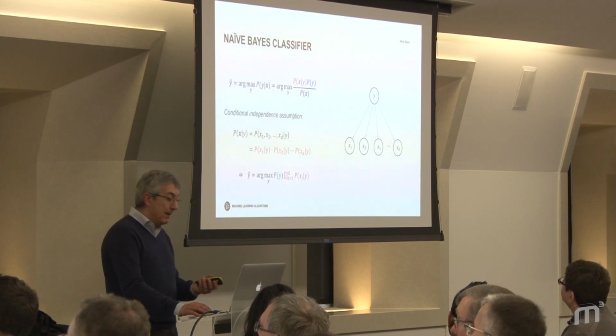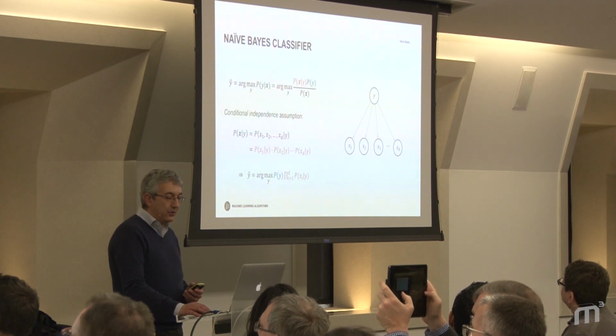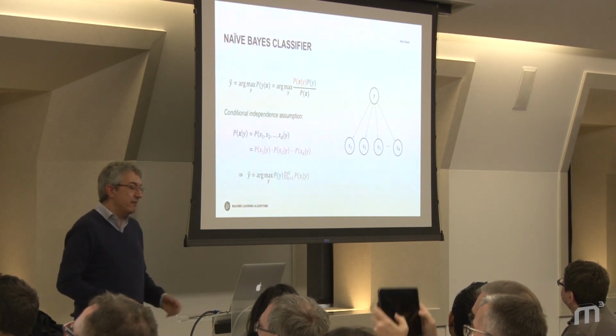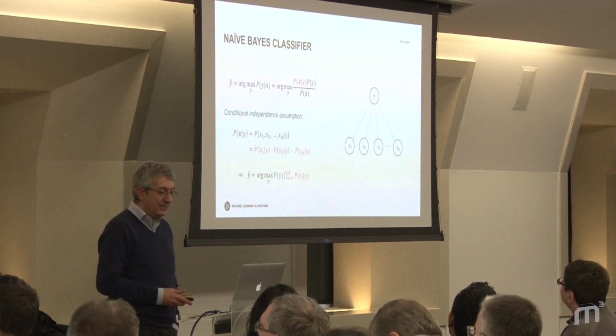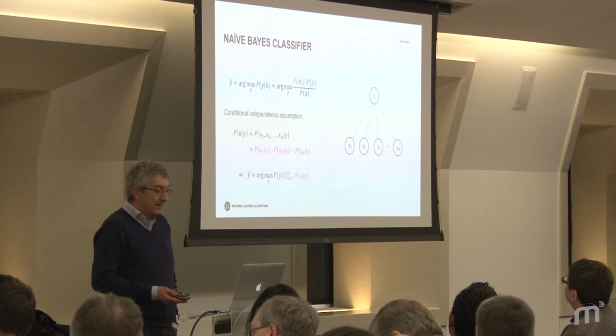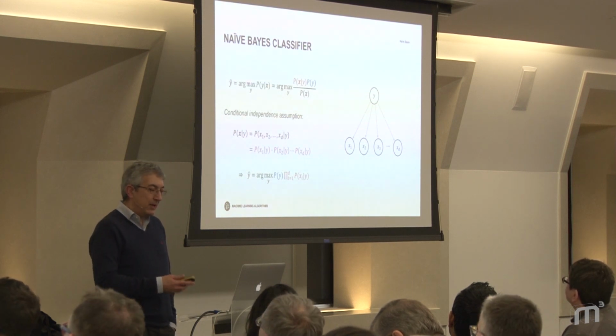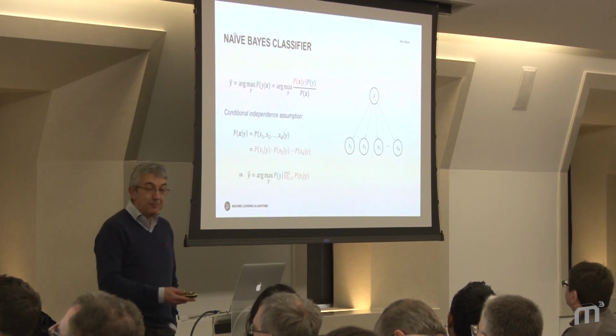And this is applied by the naive Bayes classifier. It's called naive because it makes a very strong assumption on conditional independence. It's so strong that it's not always applicable, but it's so crucial to make it possible to have an efficient implementation of this class of algorithms that became very popular.